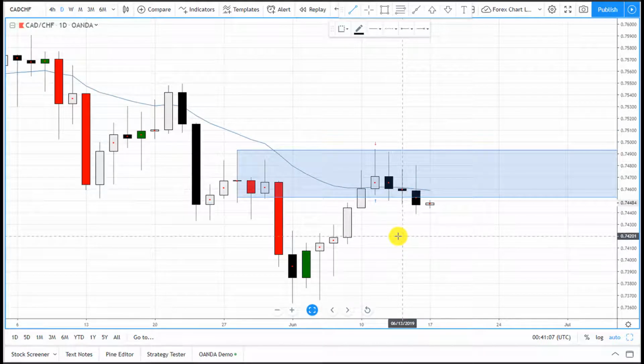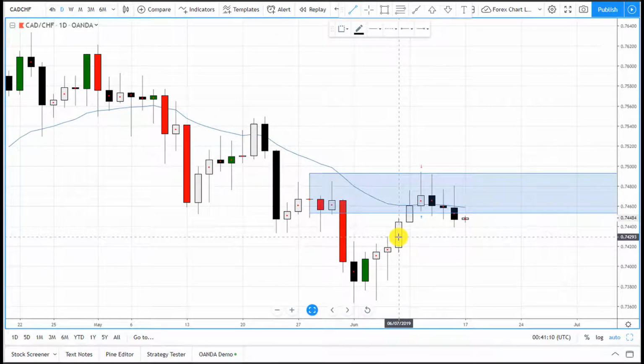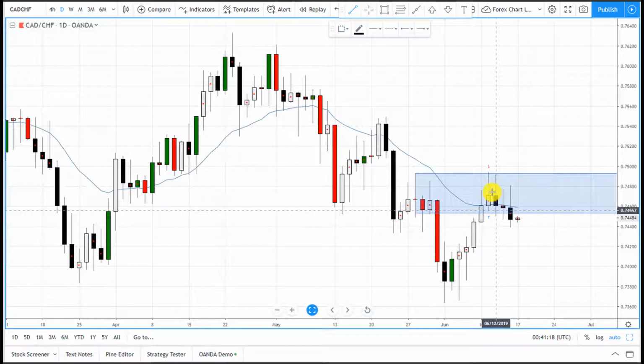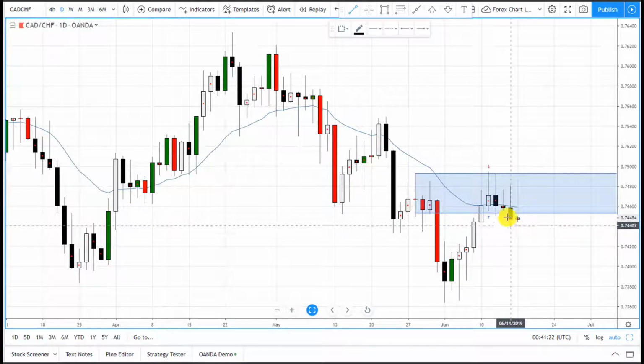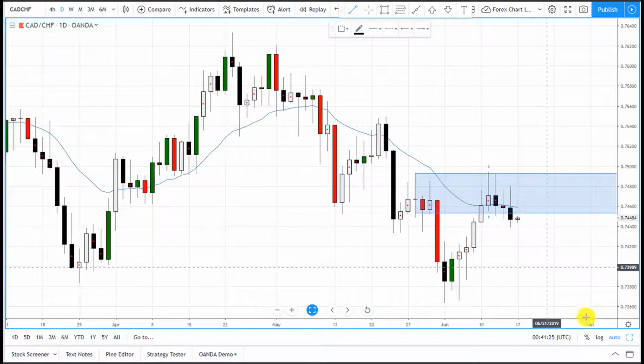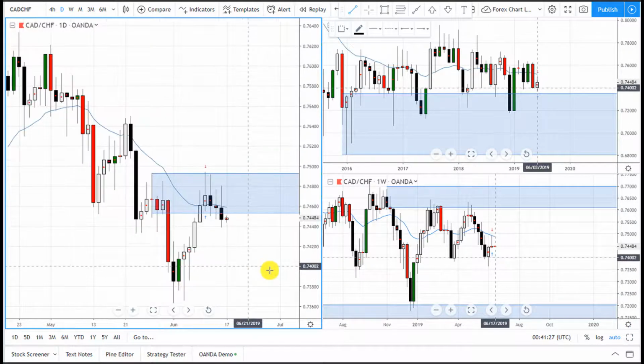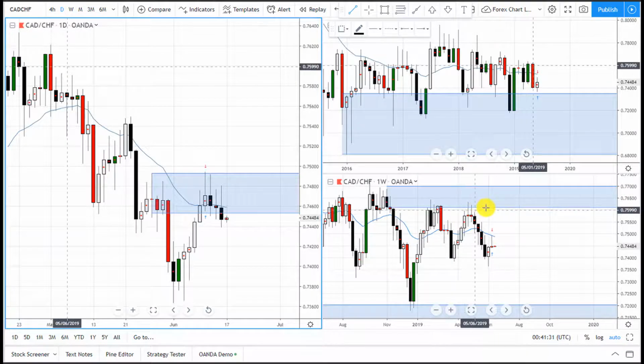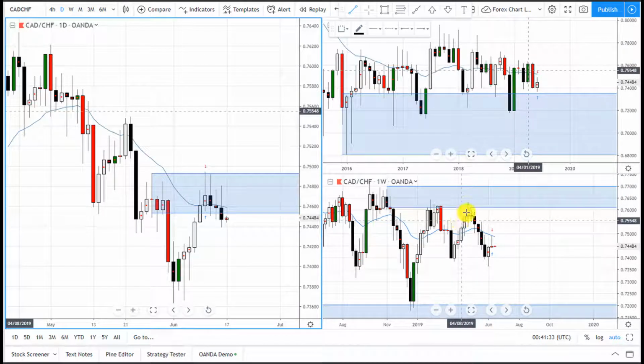But in this scenario, it looks like this supply zone is pulling up. It's moved pretty well. It's holding this price. Price went into it, and it looks like it's going to drop because we see that the supply zone is in control on the weekly.